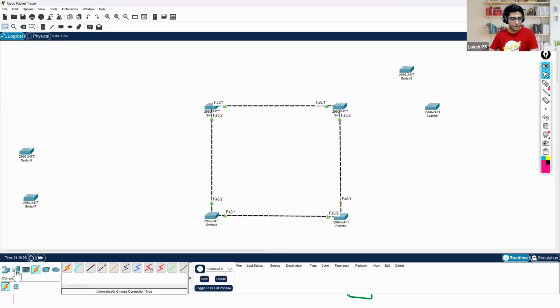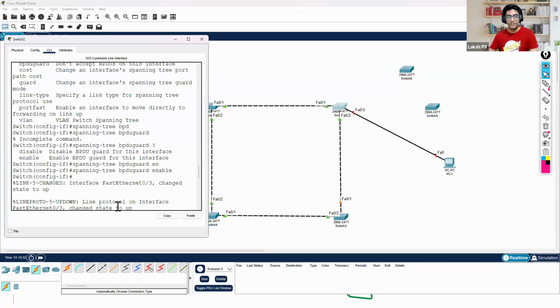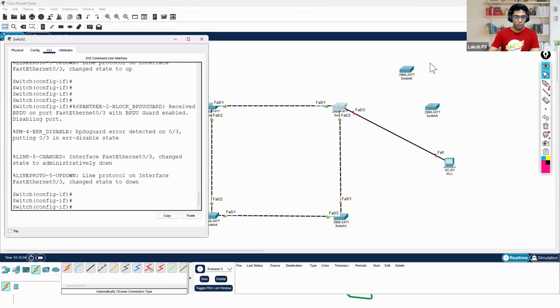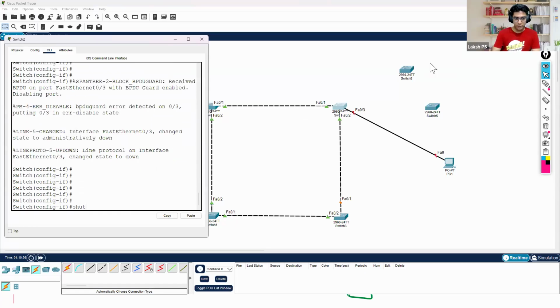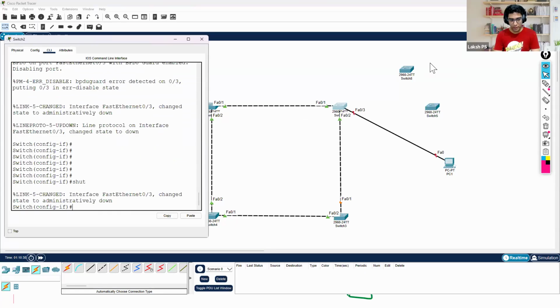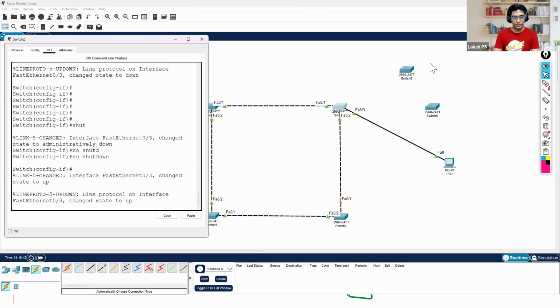Now if I try to connect a PC also on this interface, it will still be down because it is in an error disabled state. So I have to shut this interface by giving the command shutdown and then no shutdown. Then only this interface will come up. You can see here.